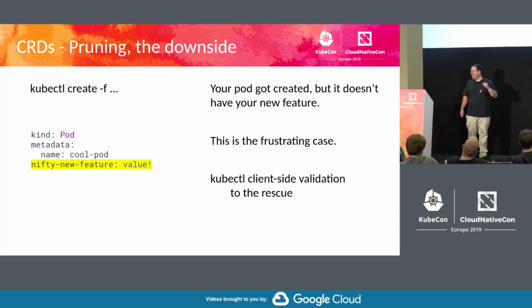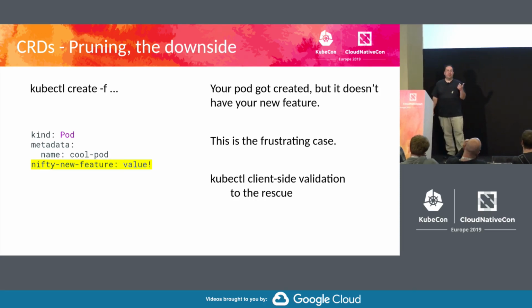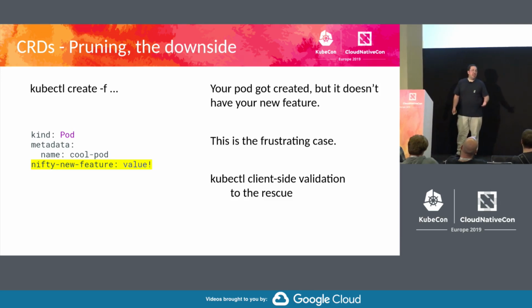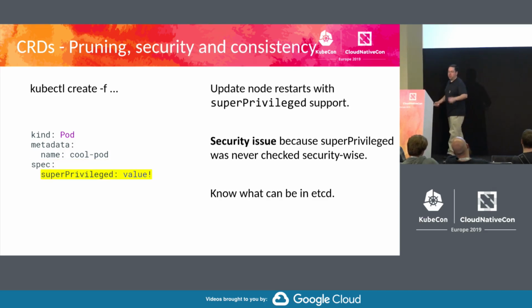What happens is if you're trying to do a create of a cool new feature and you happen to use this manifest against an older server, we've probably all done this, it gets created without your feature. It's really, really frustrating. Client-side validation helps with that. And when you can use it, it helps when you have a client that doesn't use client-side validation, like they don't all use it, you can end up annoyed.